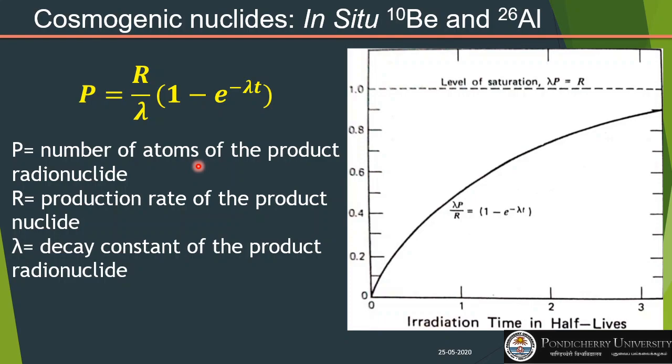It also depends upon the concentration of the target nuclides in that material. It also depends on the elevation of the material present at the surface, because the cosmic ray flux varies with the elevation. You also know that cosmic ray flux varies with the latitude, so it also depends on that. So one has to first estimate this R in order to find out the T.